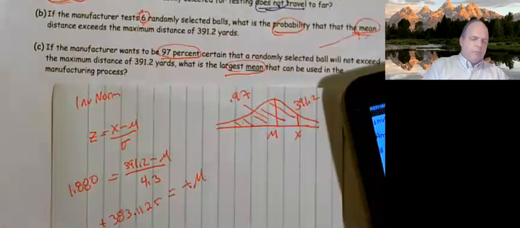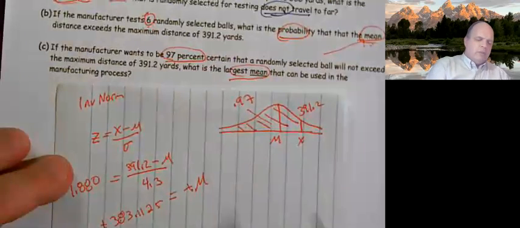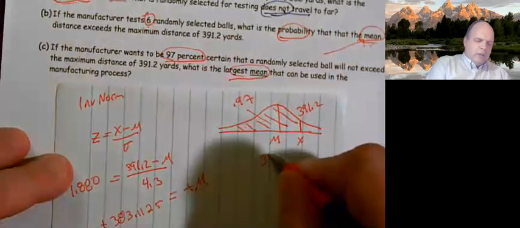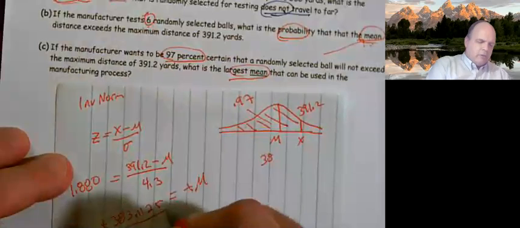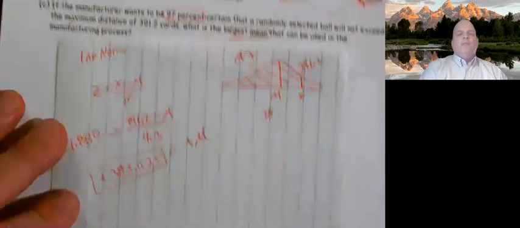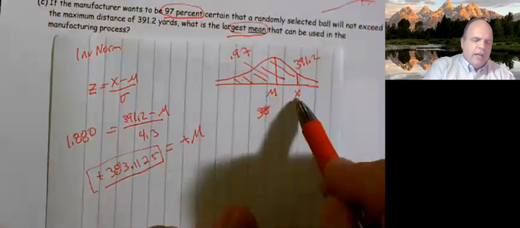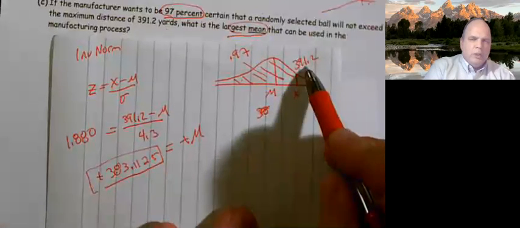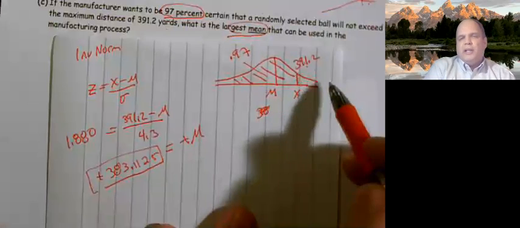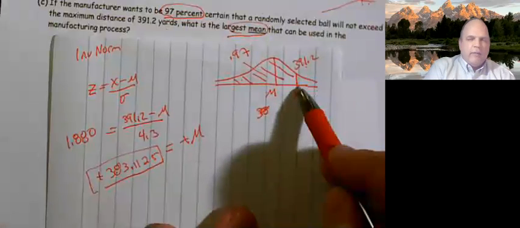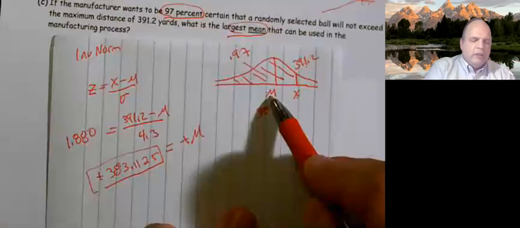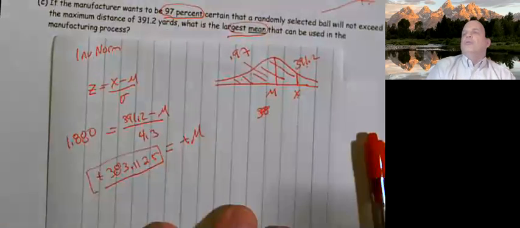I make both of those positive, and so this becomes my answer. And that makes sense. I need a mean that is less than 391.2. If my mean's above it, that didn't work because I can't exceed that value. I have to be less than that. And that's what our drawing shows. Okay, that's a tough question.